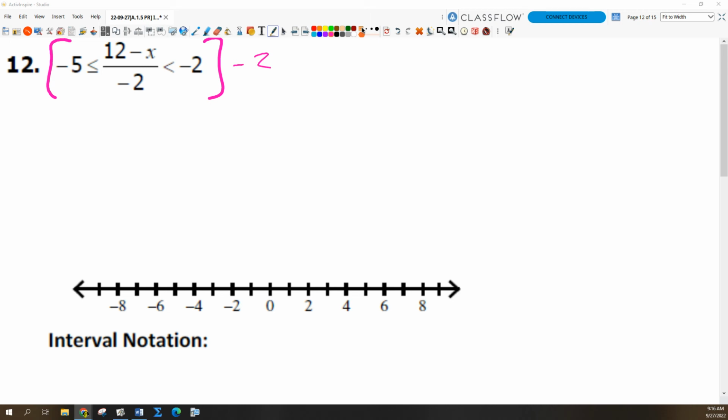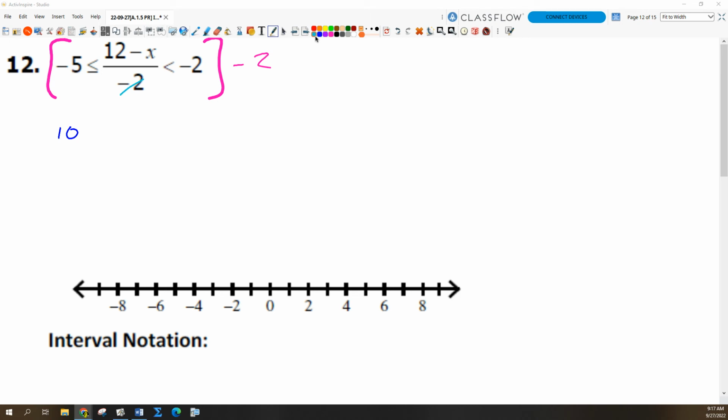What's really nice is that if I've got an "and" inequality that's a combined 3-part inequality, I just get to do all 3 parts at the same time. I'm going to multiply everything by -2, distribute that to all 3 parts. So what's that give us? On the left, I get +10. Everybody agree? In the middle, it's going to cancel that -2, isn't it?